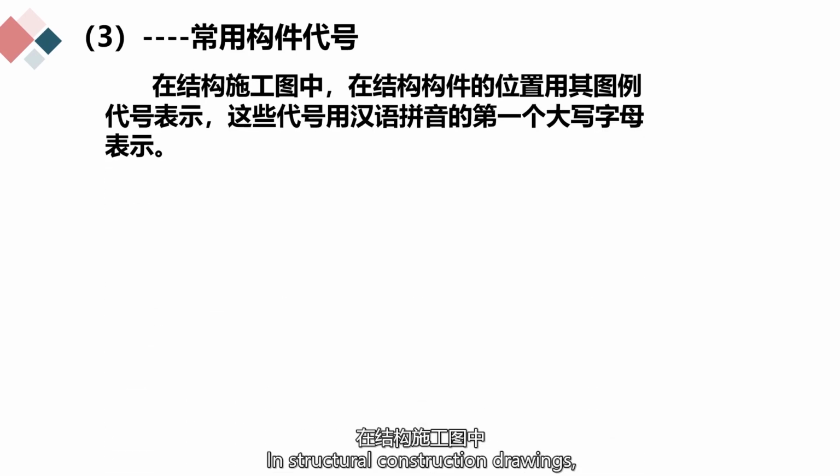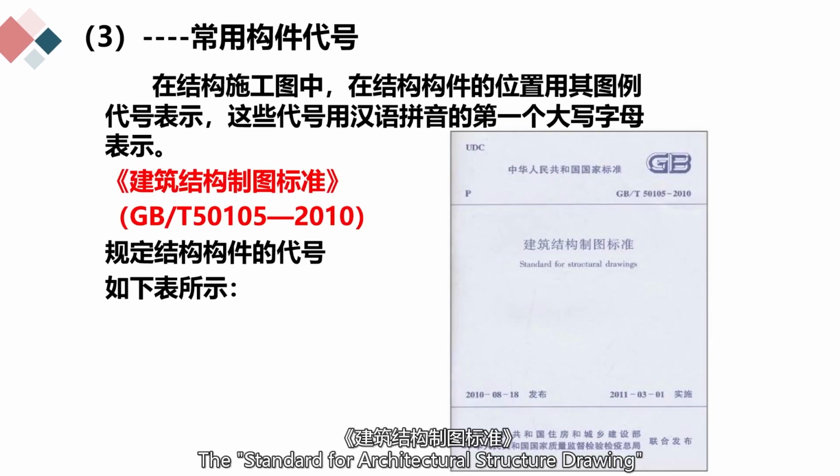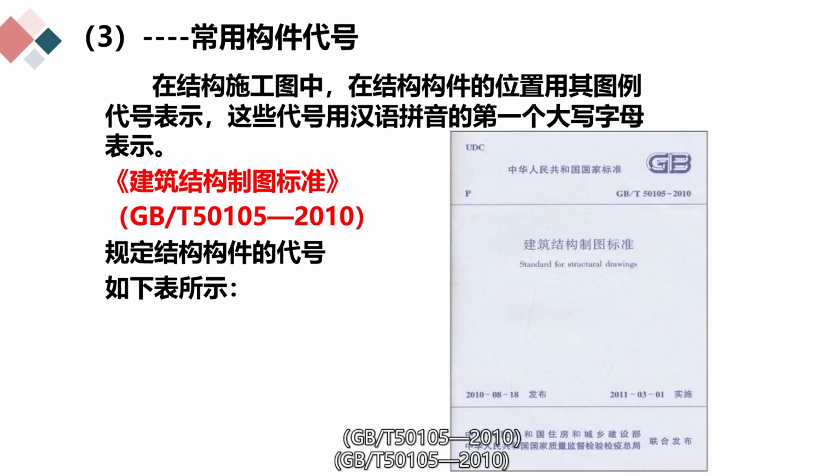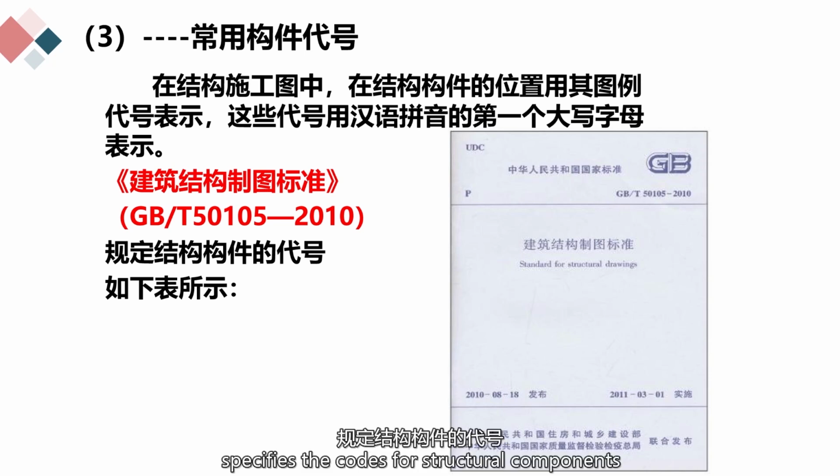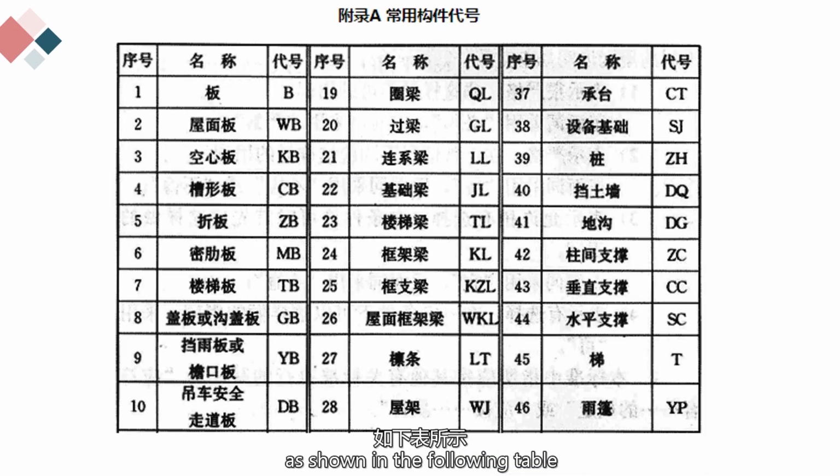In structural construction drawings, the positions of structural components are represented by their schematic codes. These codes are represented by the first capital letter of the Chinese pinyin. The standard for architectural structure drawing, GB/T 50105-2010, specifies the codes for structural components, as shown in the following table.